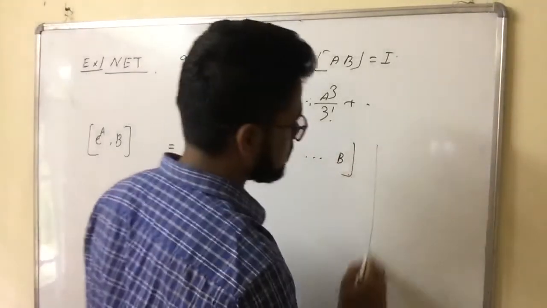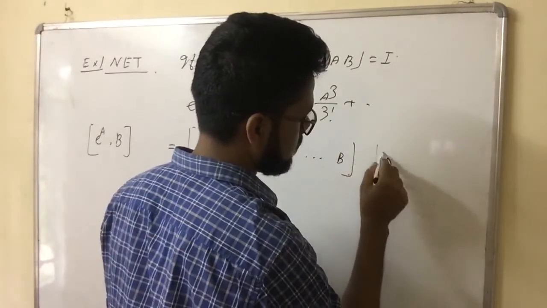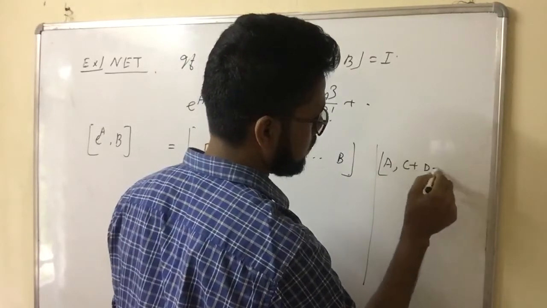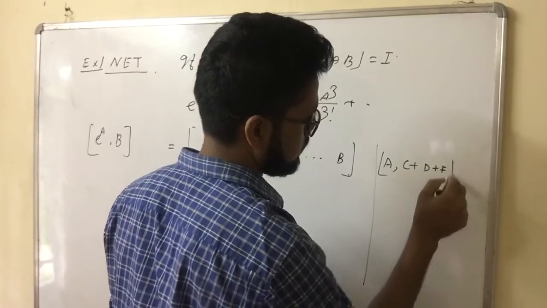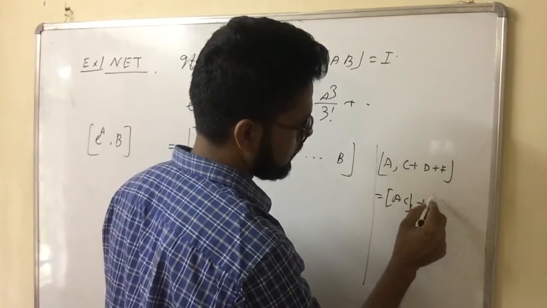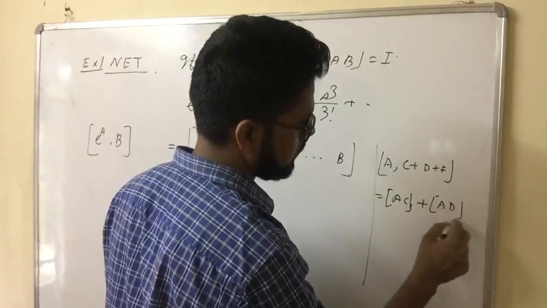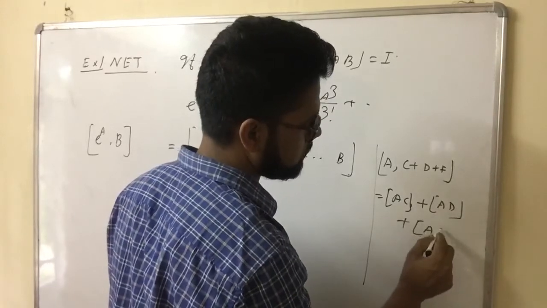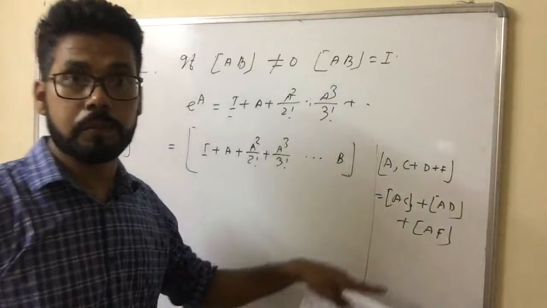Now I have given one example of the commutative property: A into C plus D plus F, then what will happen? A C plus A D plus A F. This is how we have to expand, right? This is the property of the commutator.